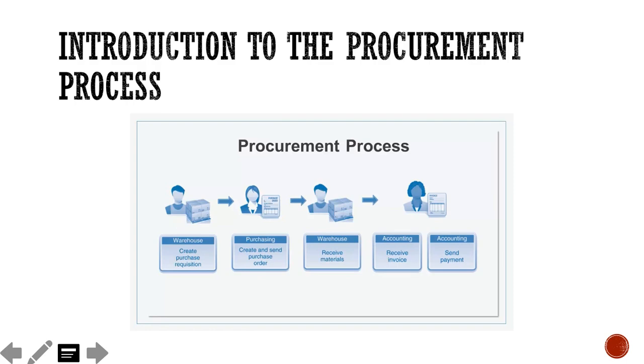So the procurement process consists of all the activities the business uses in purchasing, such as raw materials to manufacture its product, which consists of 5 steps.